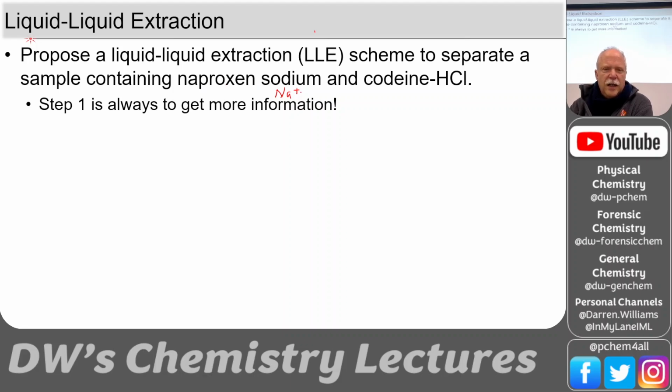And so then if I want to make a neutral substance out of this, then the naproxen has to be an anion, right? So whenever you have something sodium, you're dealing with an anion, which means it's an acid. We've deprotonated that, made it an anion, and salted it out with sodium.